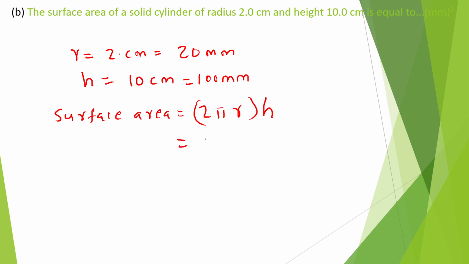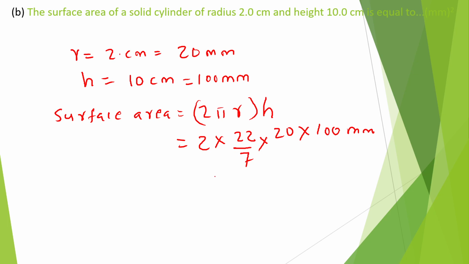So when you substitute the values, 2 into pi, if I take 22 by 7, into r, I will go with 20 millimeter because they are asking the answer in millimeter square, 20 millimeter into height is equal to 100 millimeter.